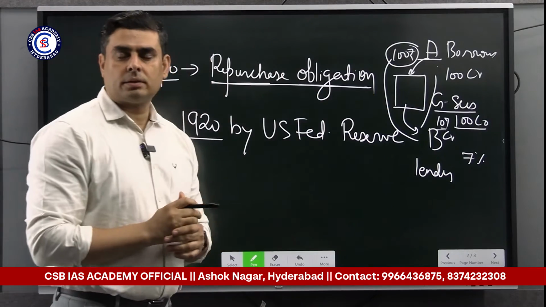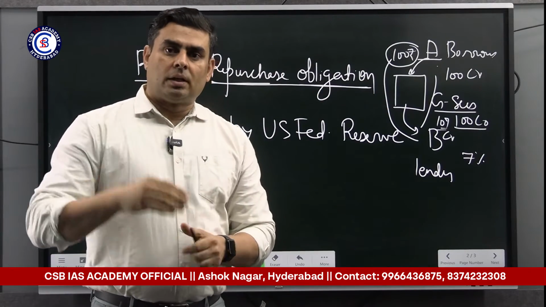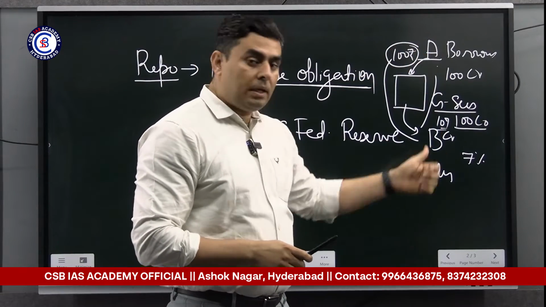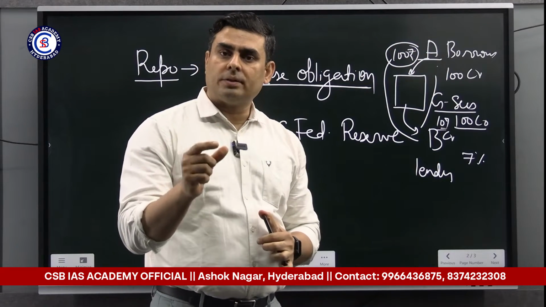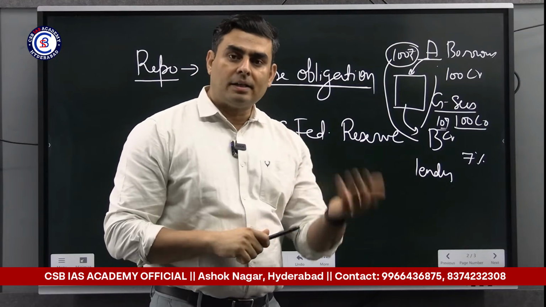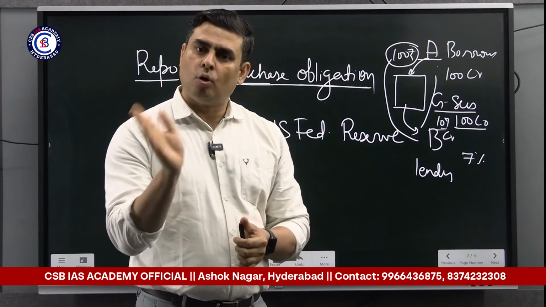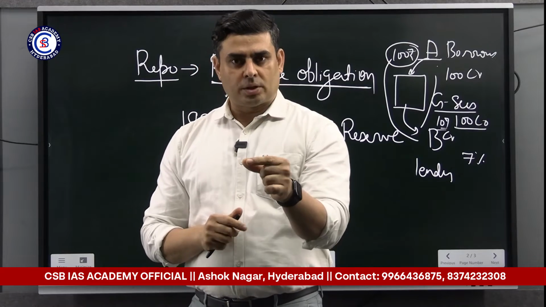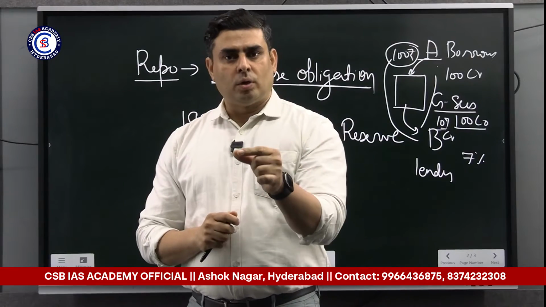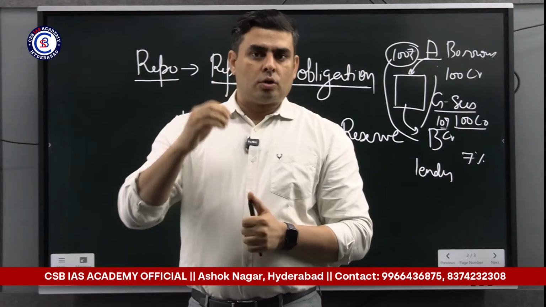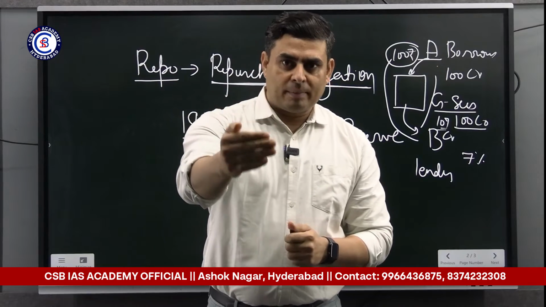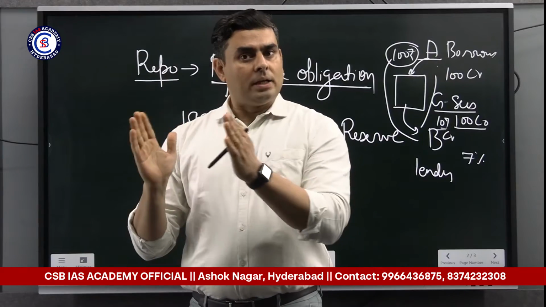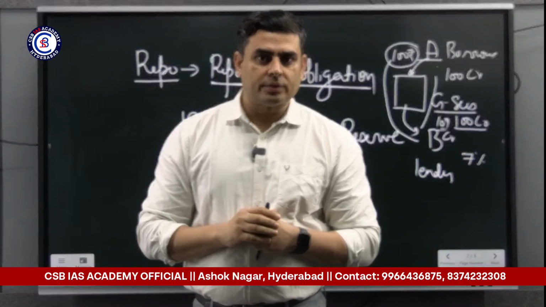Repurchase obligation. In other words, the borrowing is happening by A from B under repurchase obligation, and that is why it is called repo operation. So what is repo operation? Repo operation is an operation where the borrower agrees to repurchase the government security which he has sold to the lender on certain terms and conditions.